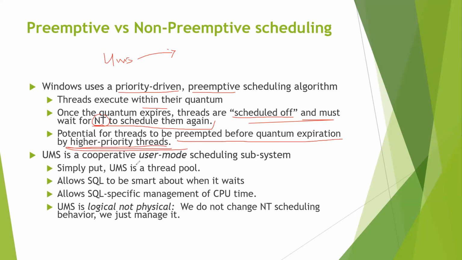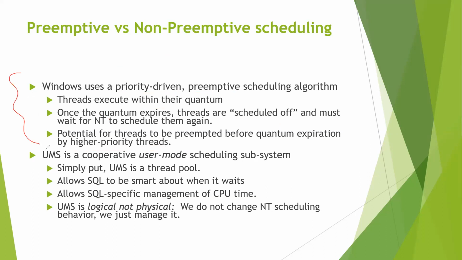As soon as a high priority thread comes in, the currently executing low priority thread comes out of the CPU preemptively and allows the other thread to execute. That is the behavior of the Windows operating system even till today. The Windows operating system behavior we cannot change.